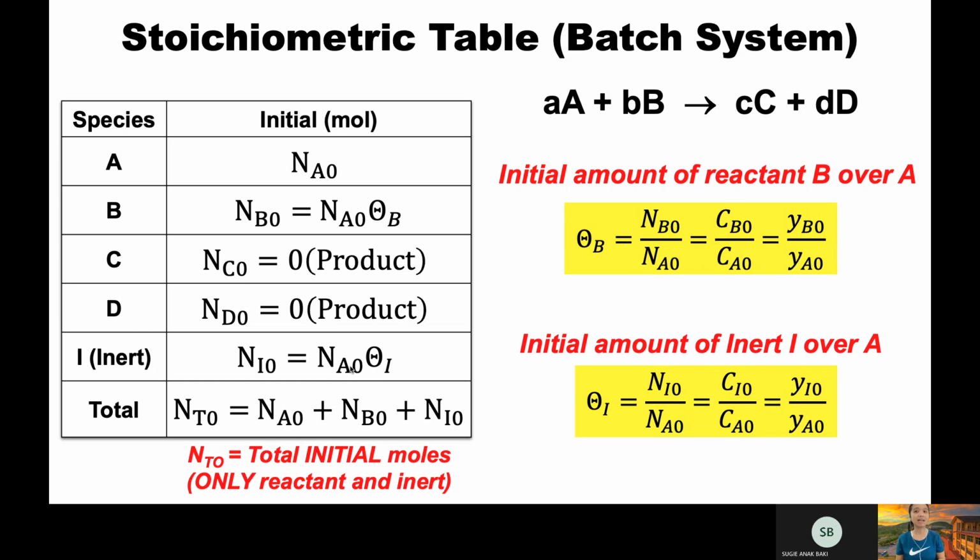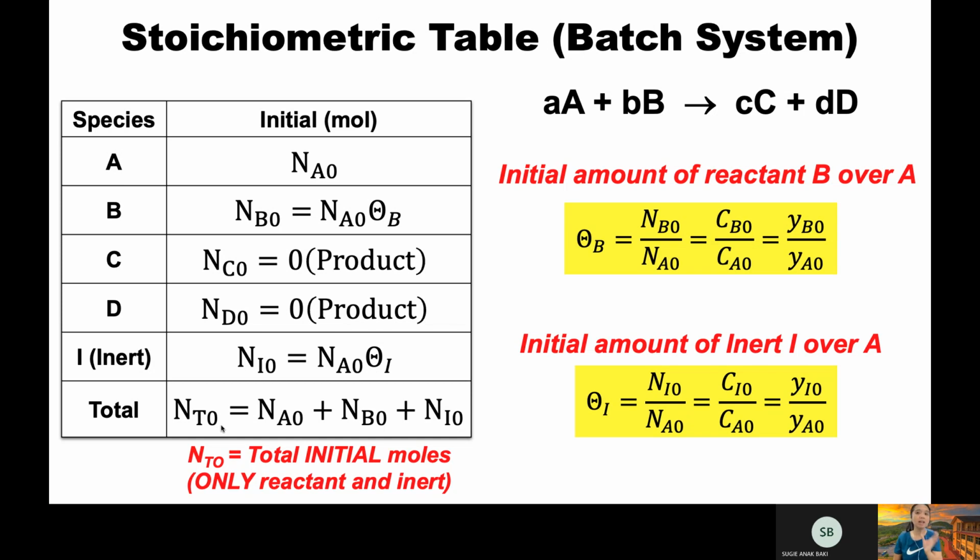So contohnya lah, katakanlah we get Na0 5, katakan NB0 4. Okay, katakan Ni0 tu 10. So total initial moles tu NT0 tu 5 plus 4 plus 10, 19. So NT0 19 moles. So NT0 refers to initial total number of moles. So I forget to tell. Row yang paling bawah adalah row total. So total initial.